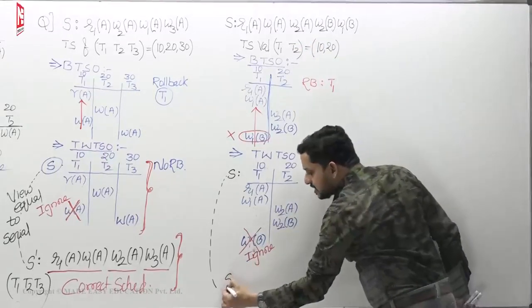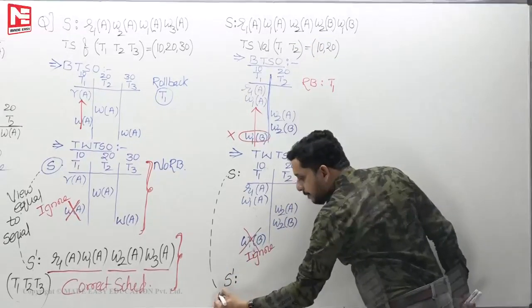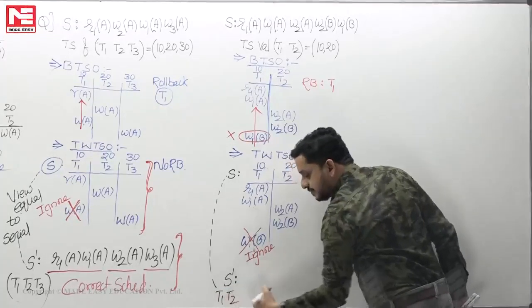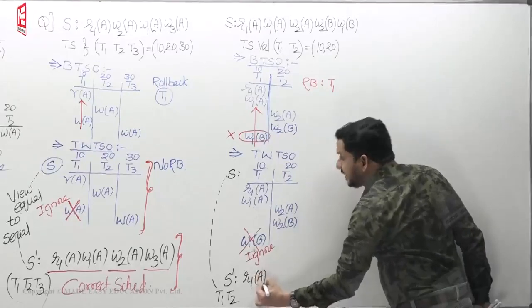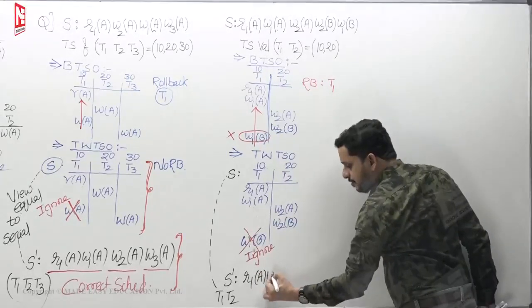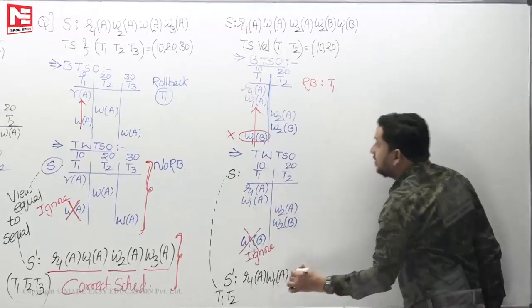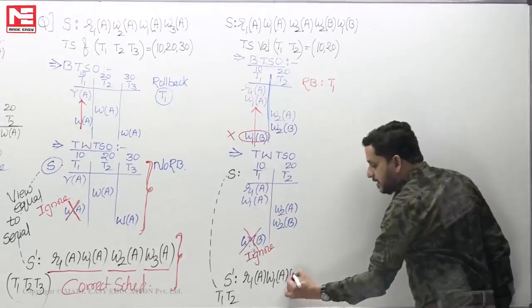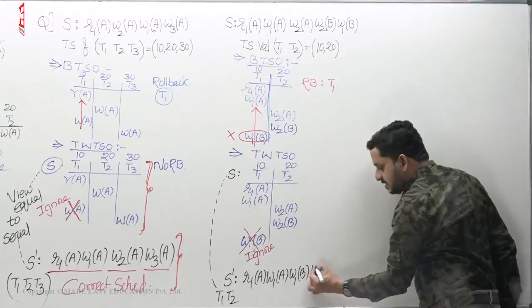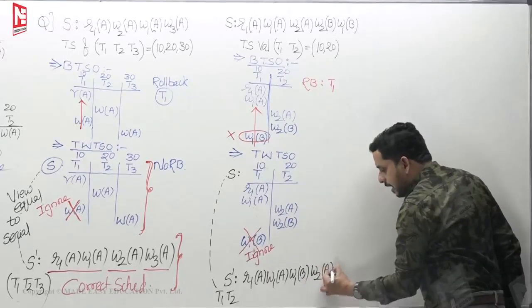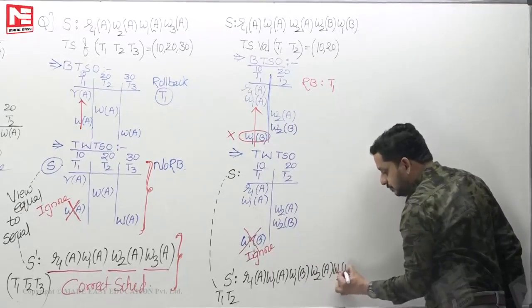If these two transactions execute serially based on timestamp order, just a direct serial schedule: read A, T1 operation, write A, T1 operation, and write B, T1 operation, followed by T2 operations, W2A and W2B.